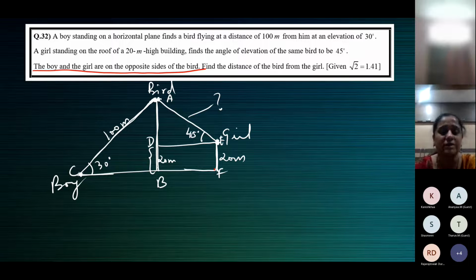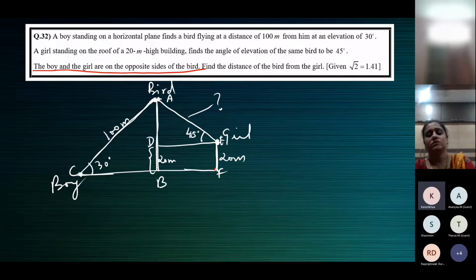BC or AB? AB, ma'am. AB minus 20 is what? Will give you AD. Now you will take which triangle? After finding AD, ADE, ma'am. ADE. And you will find? AE, ma'am. Very good. And you'll have to use relevant ratios.